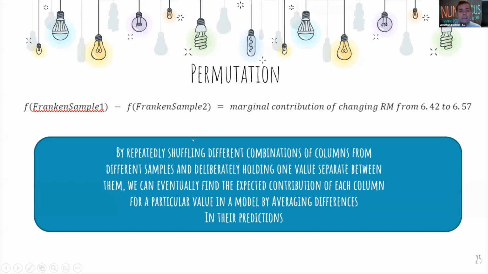And that calculation, when done through all of your individual columns for all of your individual samples, is what a Shapley sampling value is. We're actually going to go ahead and see this.